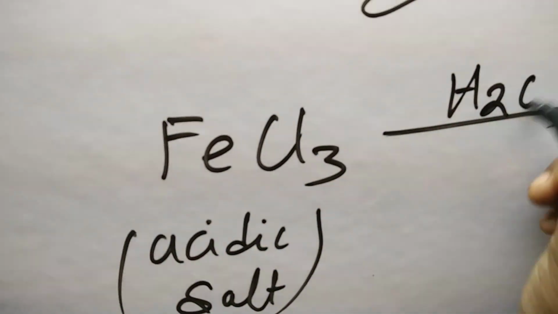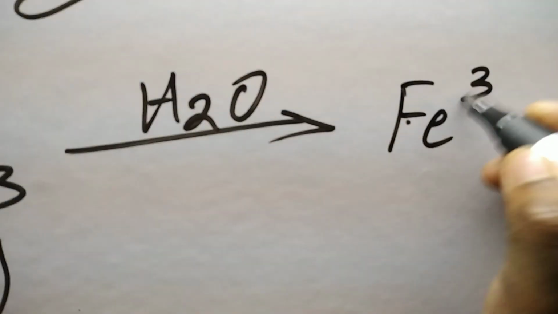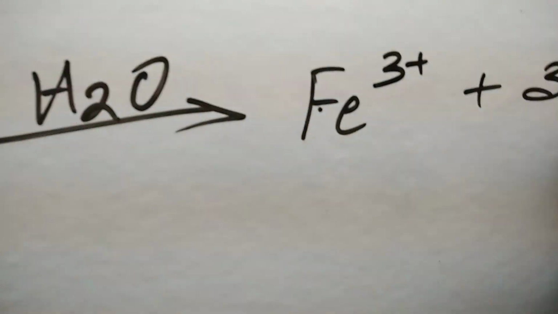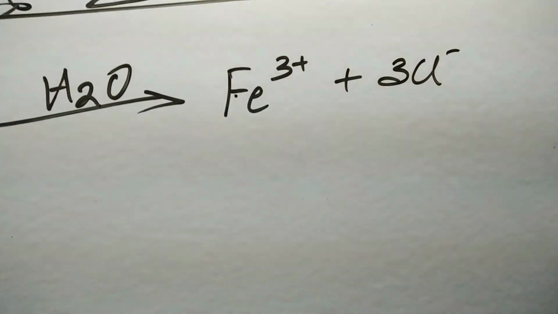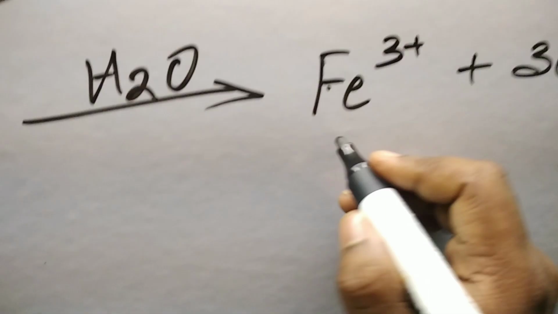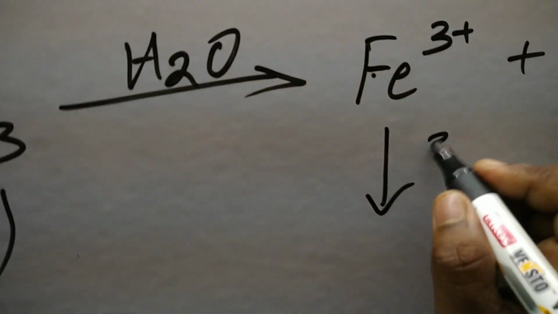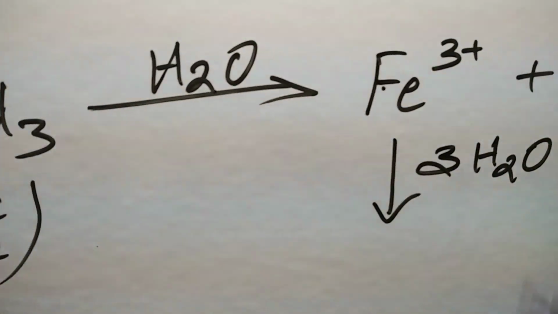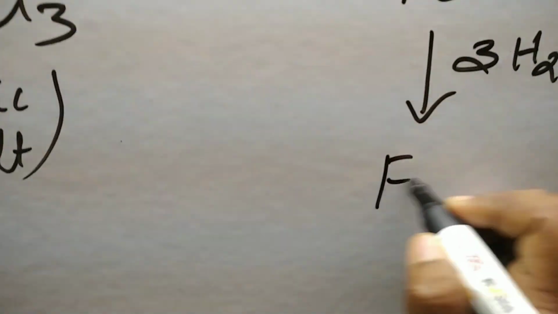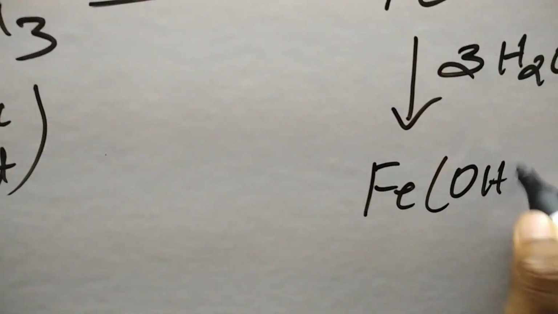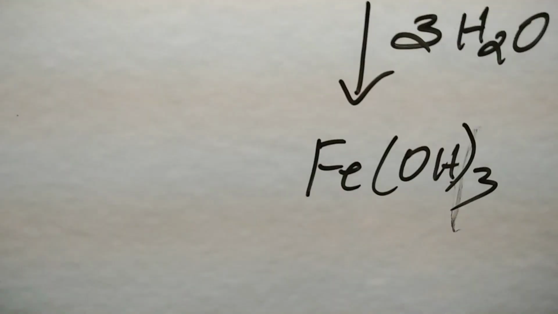When it reacts with H2O, it dissociates into Fe3 plus and 3Cl minus. And when Fe3 plus again reacts with water, 3 moles of water, it forms Fe(OH)3, and this is a brown color, or you can also say rust brown.